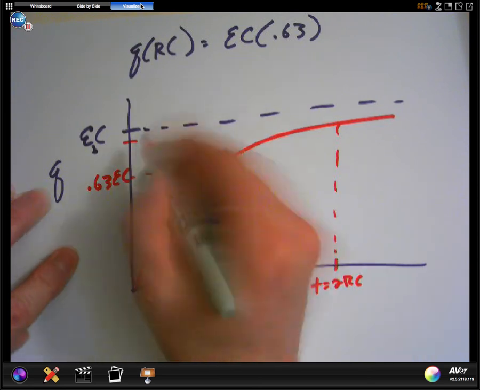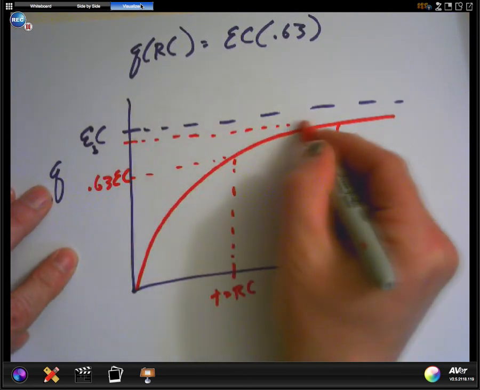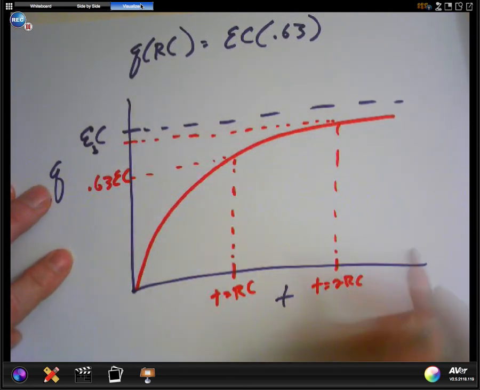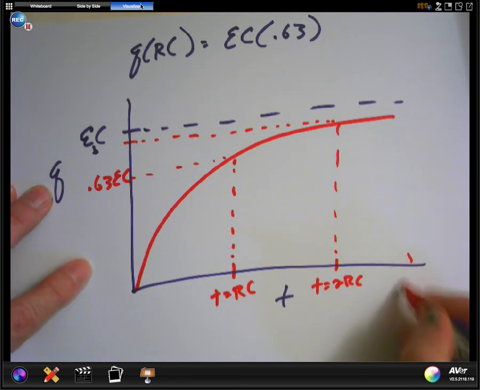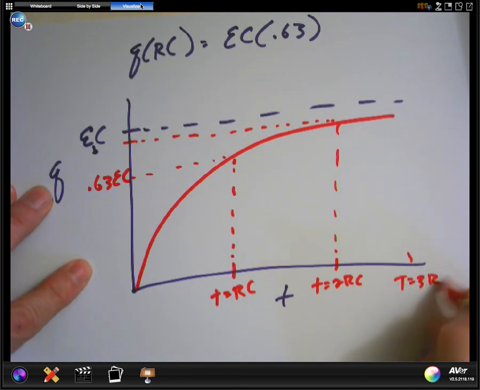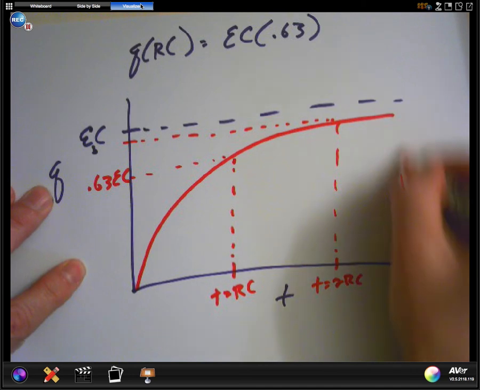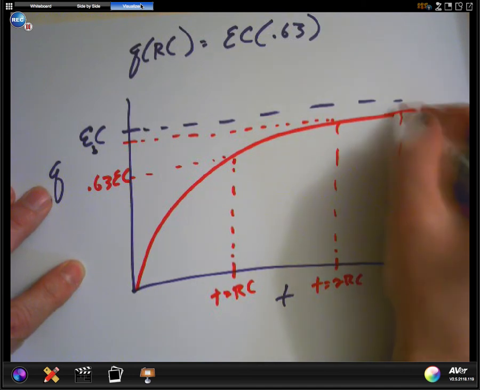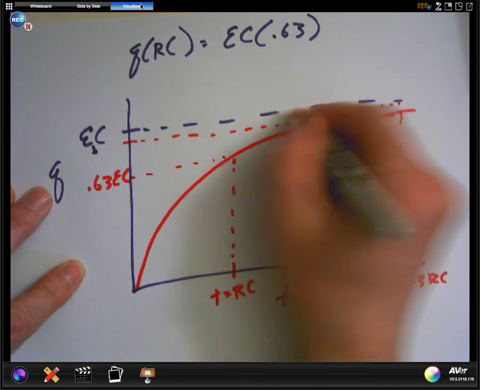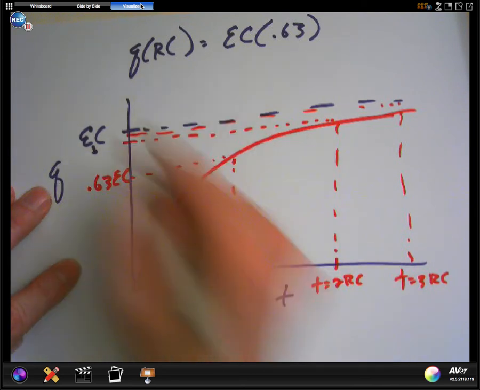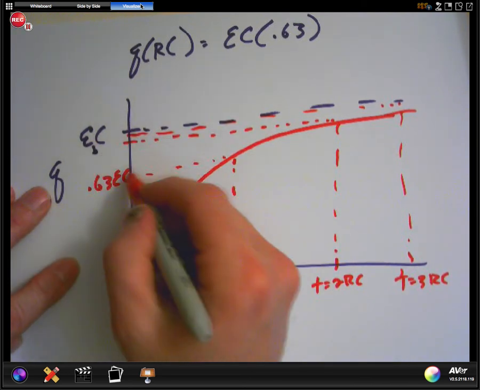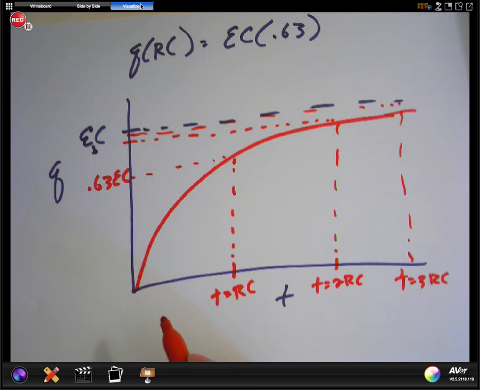We're going to go up another 2/3 to get to there. So if we go out one more time to t equals 3RC, we're going to go up here again. I'm running out of space in my graph, but I go to there. And so each individual time, we're going to move up another 2/3.